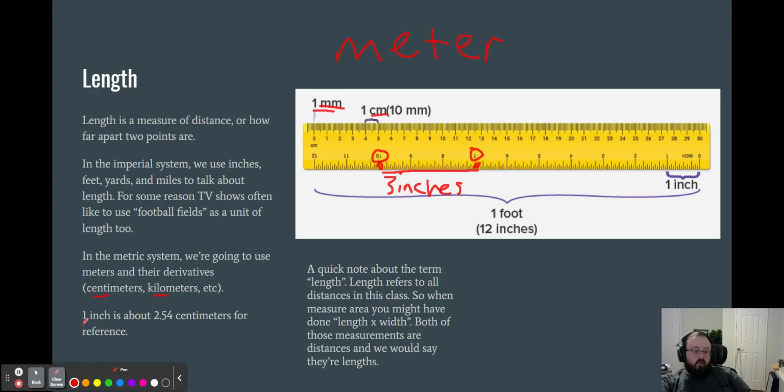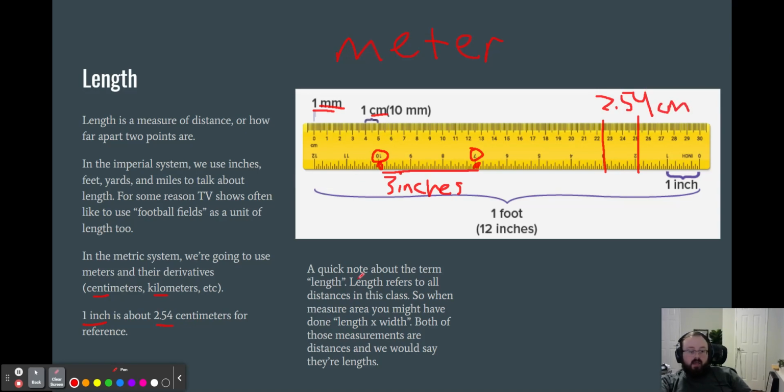And just for our reference, 1 inch is about 2.54 centimeters. So we can see here, right, between 3 and 2 right here, it's about 2.5. 2.54 centimeters is about 1 inch.